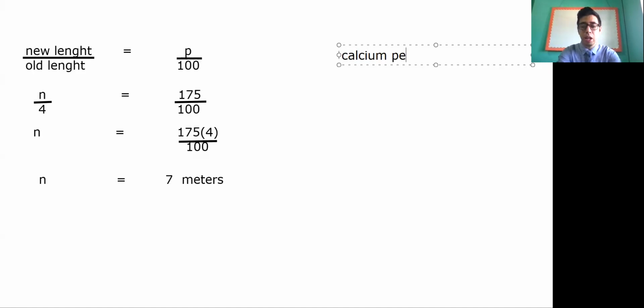So calcium per serving is equal to P, divided by the daily value, and this is going to be divided by 100. Remember, 100 is the 100%. That's the reason why you have this divided by 100.